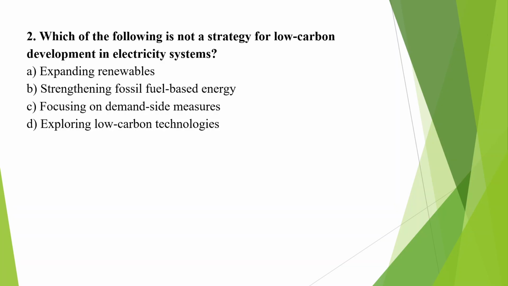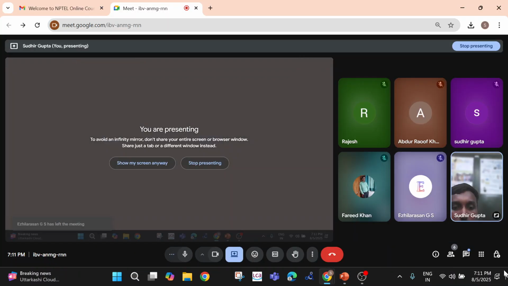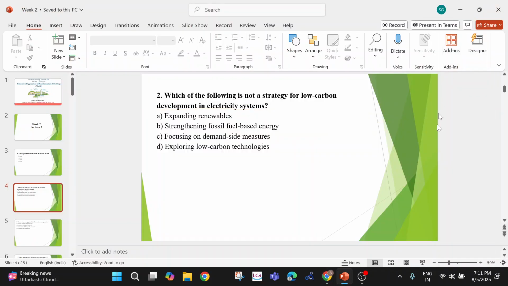So I think others don't know. Okay, Farid has now given the answer, as I can see. So I've received 2 answers till now, and both of them have opted option 4.